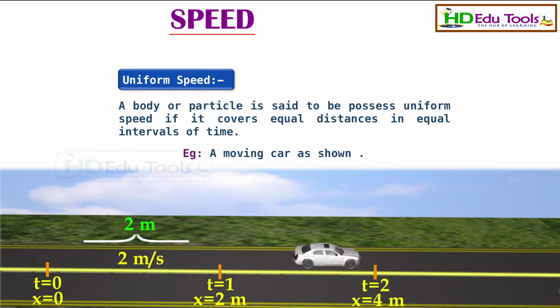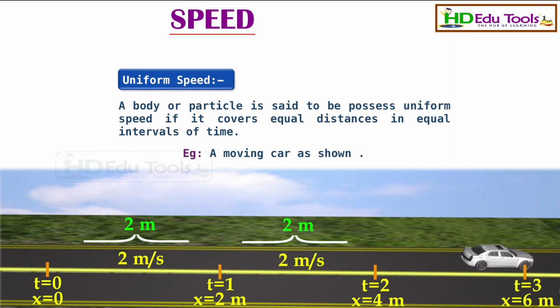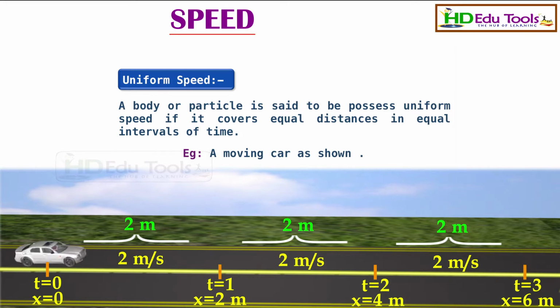And at t equal to 2, it is at x equal to 4. That means during the second second it travelled a distance of 2 meters. Similarly, during the third second, it covers a distance of 2 meters. In this example, we observe that this car travels equal distances in equal intervals of time.